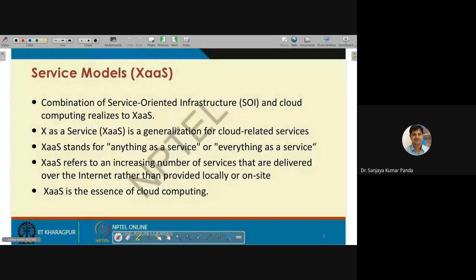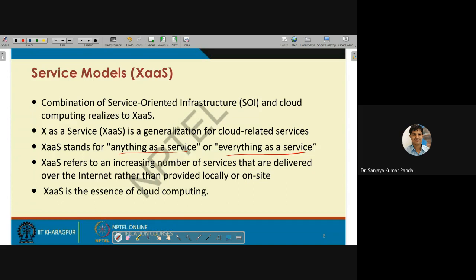So in all the architecture, we address the service model, which we call XaaS. I told you already, it is anything as a service, or you can say everything as a service. So any service model is a combination of service-oriented infrastructure, which we call SOI, and cloud computing realizes XaaS. Any type of services you can get from that particular architecture.